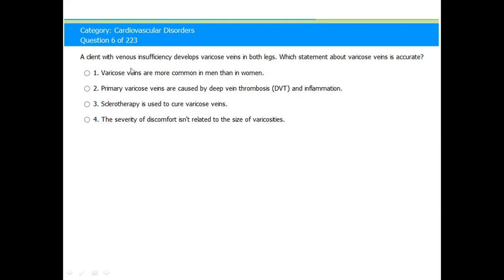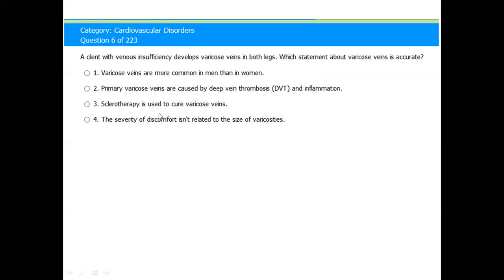So let me redo the question. They said your client is diagnosed with venous insufficiency and developed varicosities in both legs. Which statement about the varicose vein is most accurate? They said varicose veins are common in men rather than women. Primary varicose veins are caused by deep vein thrombosis and inflammation. Does it make any sense?